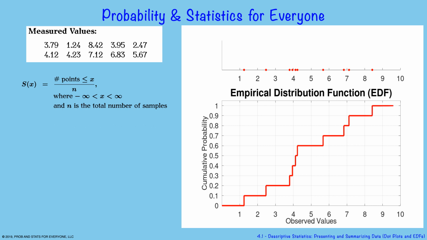Eventually, if we're patient, the full EDF is drawn. Notice that with only 10 data points, this EDF appears rather jagged with its 10 jumps of 1/10 each. Also notice that around x equals 4, where there is that close grouping of dots on the dot plot, there is a perceived steep climb upward on the EDF because of the closeness of those dots.